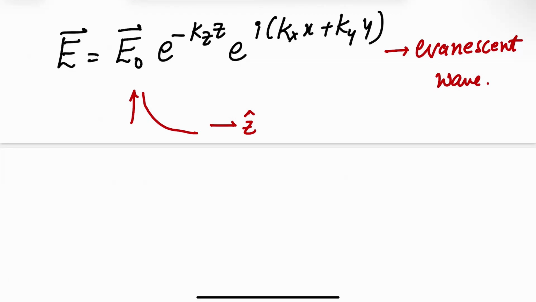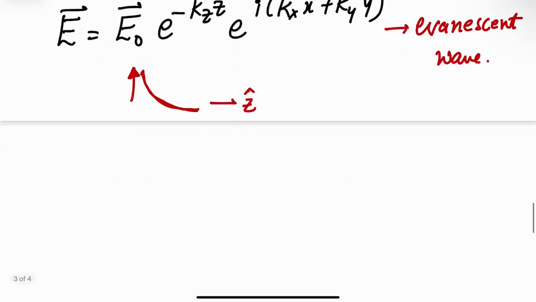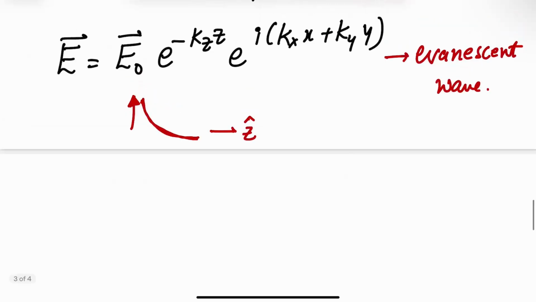If kz was real, then the propagation was in that direction. And now if kz becomes imaginary, then you have a decay in the orthogonal direction. So surfaces of constant amplitude are these ones, but surfaces of constant phase are these ones. Okay? The same exact solution is obtained when you have kx squared plus ky squared greater than k squared.